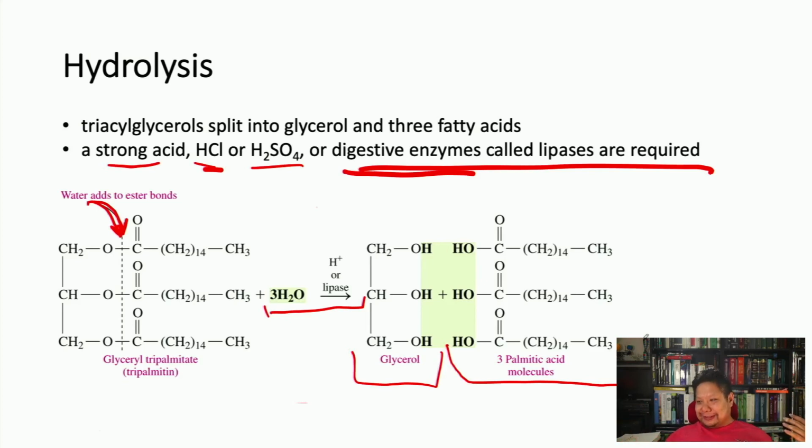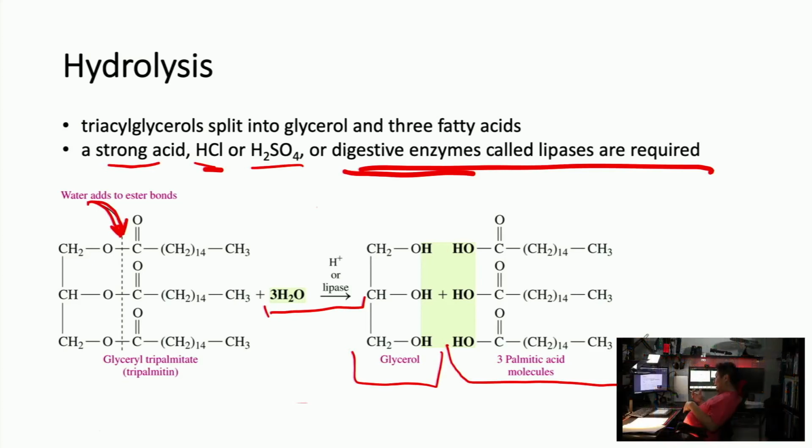They're transported through the villi and the small intestine, and they're combined with things like HDLs, cholesterol, right, LDLs, and then they're transported through the bloodstream to your adipose tissue, where they are again changed back into the triacylglycerols, right, and then are stored. It's a cycle. It's a cycle of making triacylglycerols and fats.